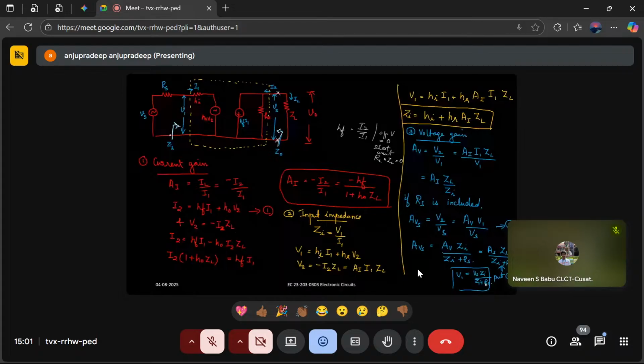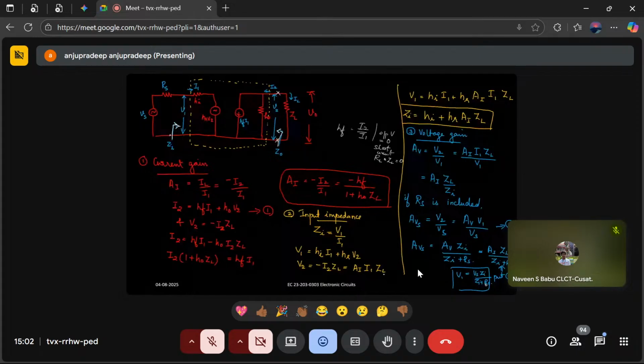So what is V2? We have already derived. V2 is equal to minus of I2 into ZL. Now, from the current gain equation, you know what minus of I2 is. Minus of I2 is AI into I1. So substitute that.